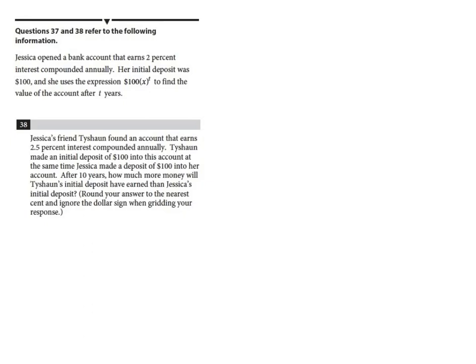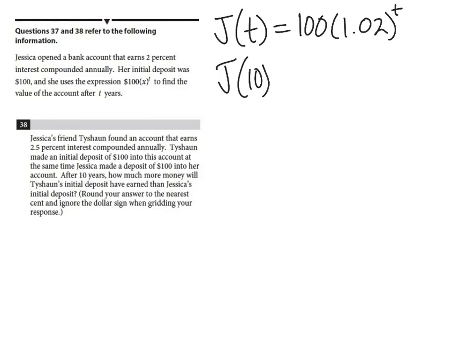Okay, so let's start with Jessica. Jessica, say J of t, is going to be, it was $100 was the initial investment, and the equation was 1 plus 0.02 raised to the t. Now t, in this case, is 10.